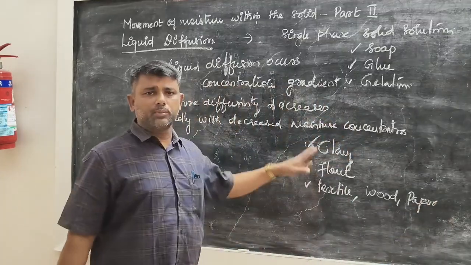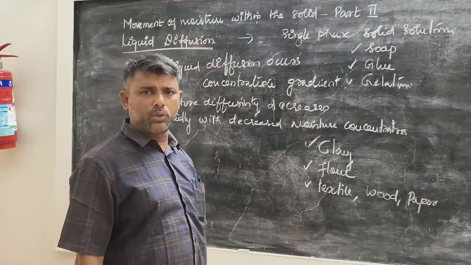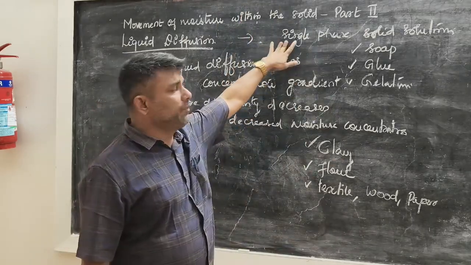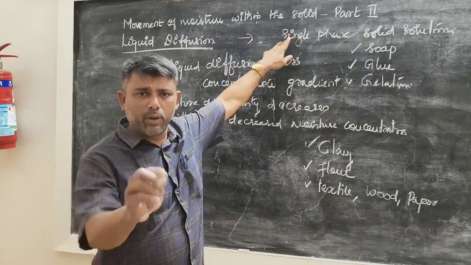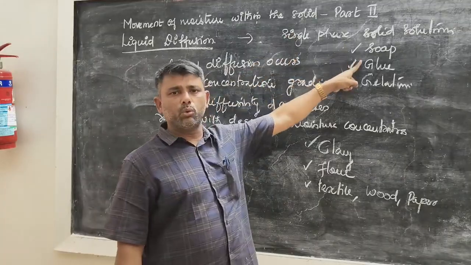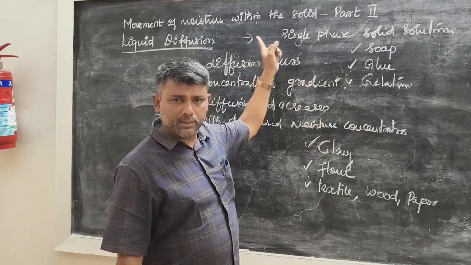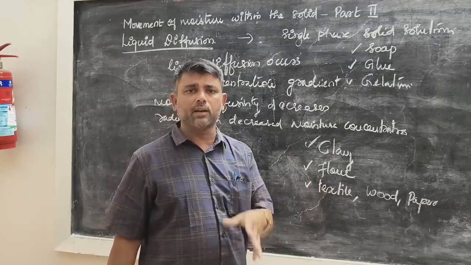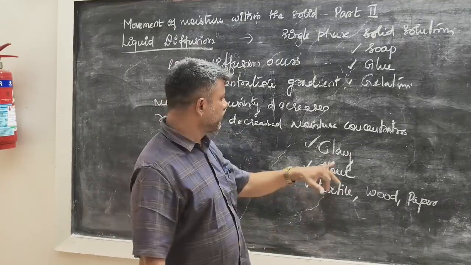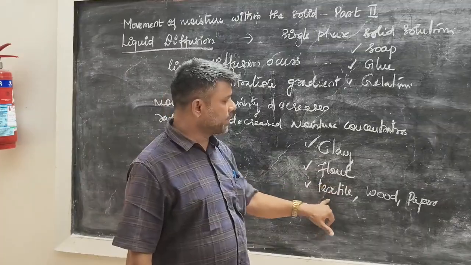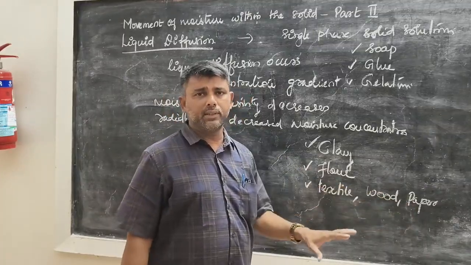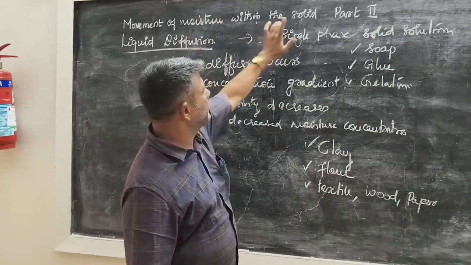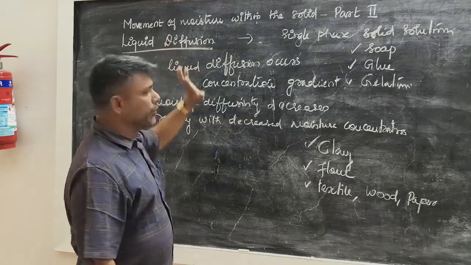So the principles of liquid diffusion are applicable to a limited extent where a single phase solid solution is formed with moisture, namely soap solution, glue and gelatin. Also this principle is limited to certain cases where the last portion of the moisture or bound moisture is being dried from clay, flour, textile, wood and paper. This is the basic principle involved in movement of moisture within the solid by liquid diffusion.